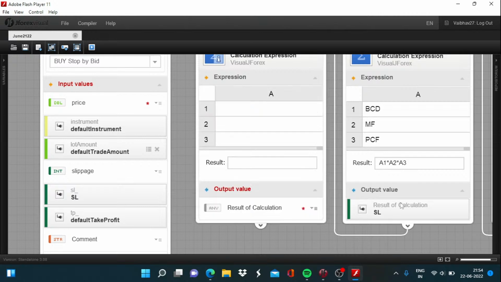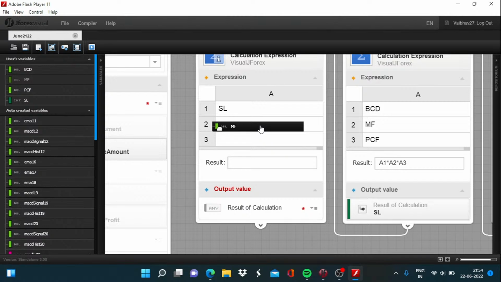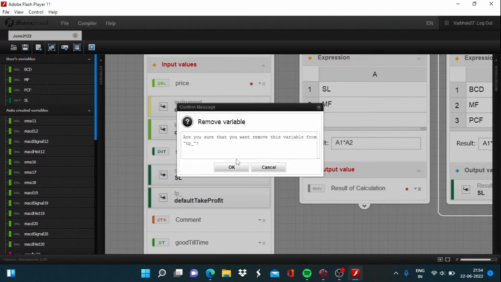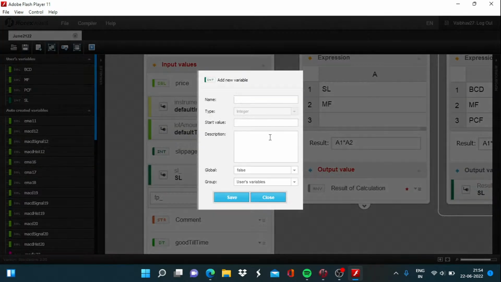and whatever is the stop loss, we will take twice of it as the take profit. So this will be A1 into A2, and this will be named as the target price.